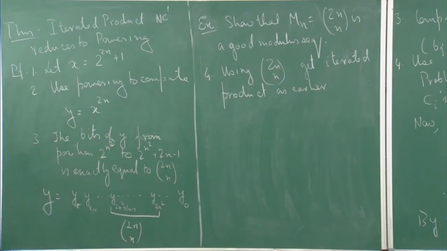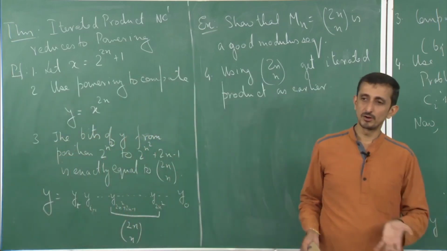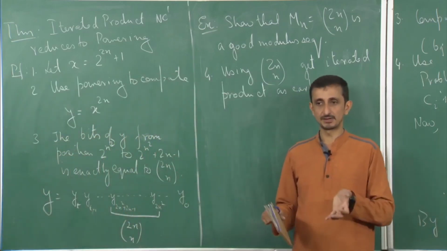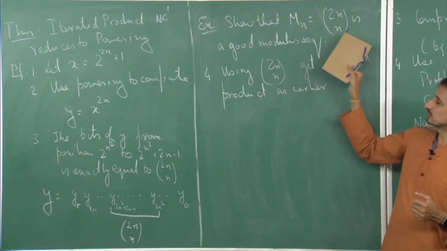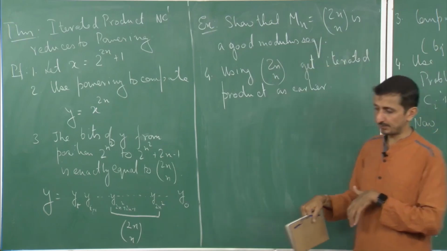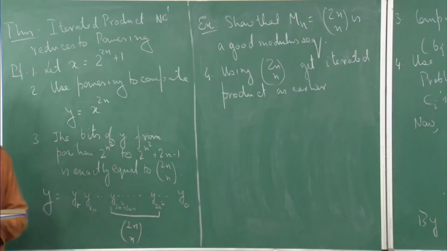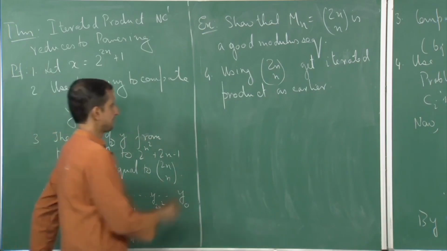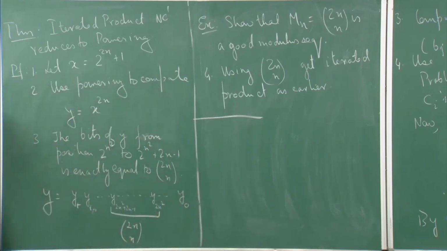Basically there are 3 things that you have to show. You have to show that Mn is greater than 2 to the power n, it is less than or equal to 2 to the power n to the power d for some d. So you have to come up with a d, and you have to show that the only prime powers that divide Mn are bounded by a polynomial. Okay, so that is it. Any questions?